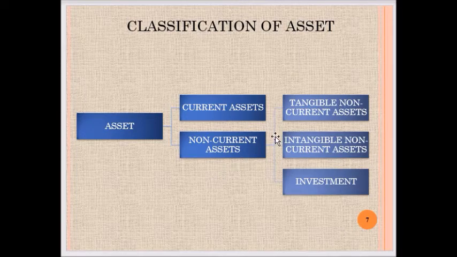It is divided into three categories: tangible non-current asset, which is an asset that can be touched and has physical substance; intangible non-current asset, an asset that doesn't have a physical substance and cannot be touched; and lastly, investment.